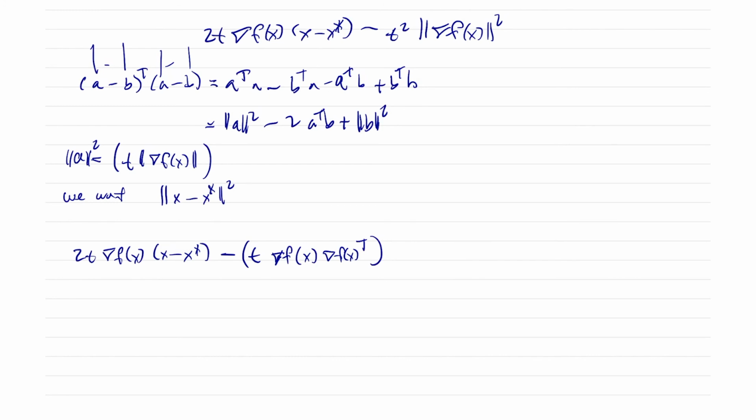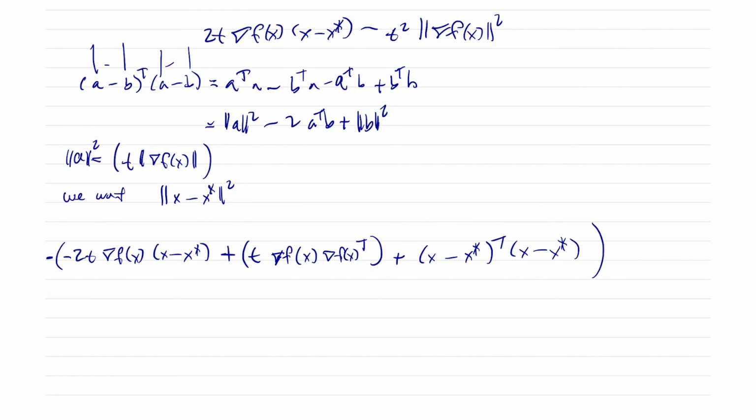Then I need to subtract, if I pull out a minus sign, actually, this will help here. And then I'm going to add x minus x star transposed with x minus x star. Since each of these are column vectors, I'm basically adding a row times a column. So again, this is a scalar, so that's good.